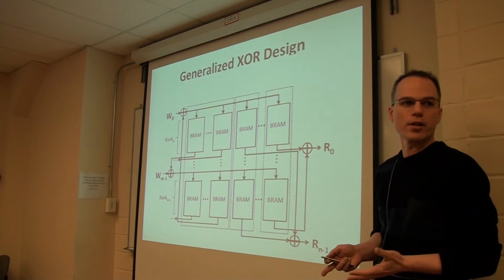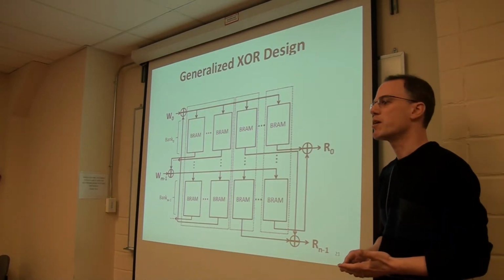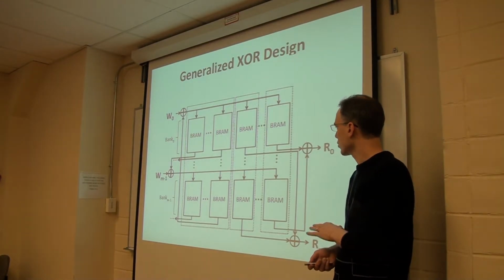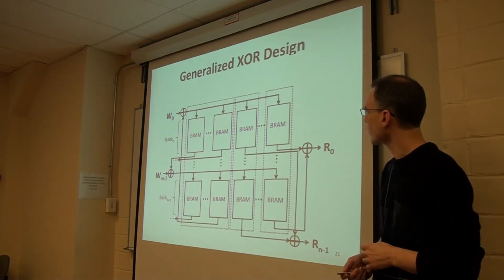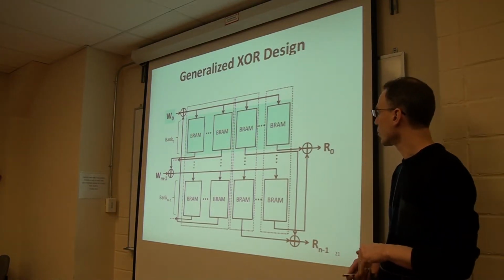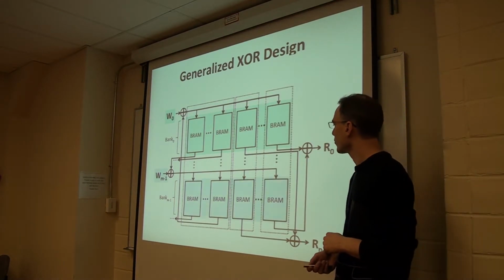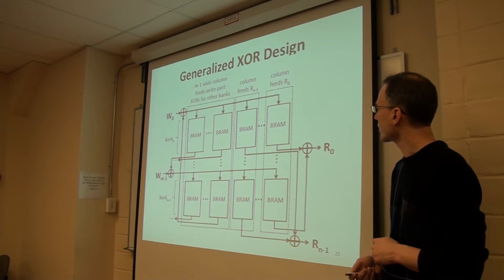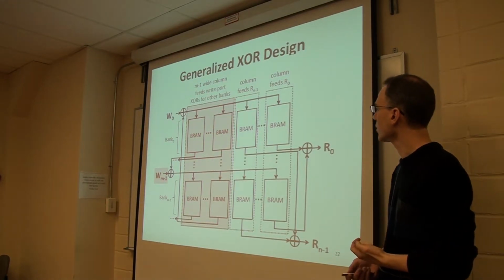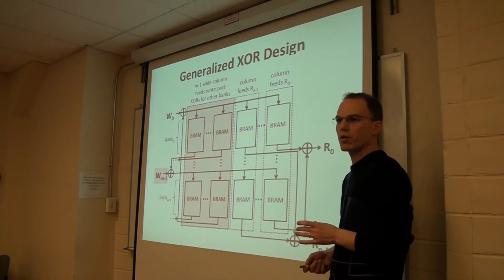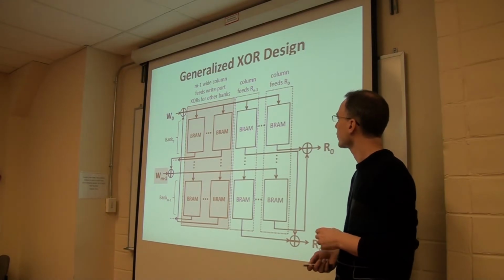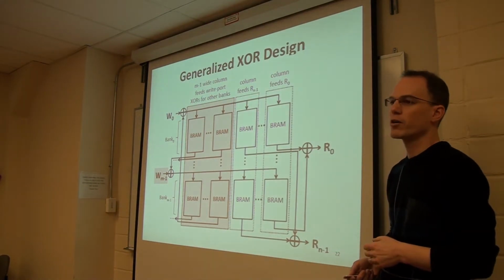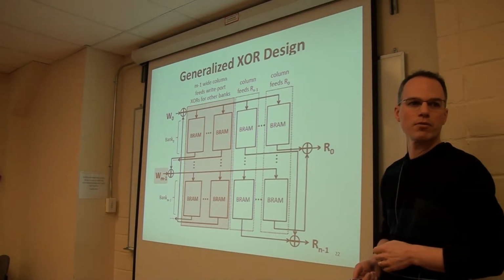We've generalized this so we can actually build a memory of any number of read or write ports. To show you quickly through the generalization, there is a row of block RAMs for every write port. This first wide column is for supporting however many different write ports you have. It's m-1 block RAMs wide if you have m different write ports.